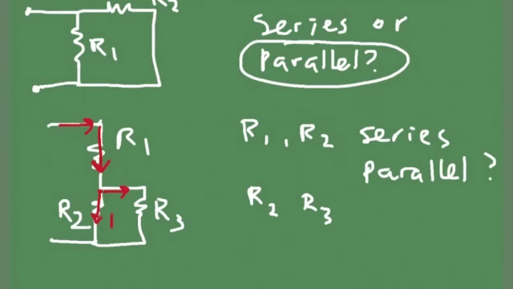So that makes the current that flows through resistor 2, which is I2, different from the current that flows through resistor 1. And you can be sure that I2 is going to be less than I1. I2 is only part of I1. The other part is flowing through resistor 3. So R1 and R2 are neither in series nor in parallel. That's what you call a trick question, right?